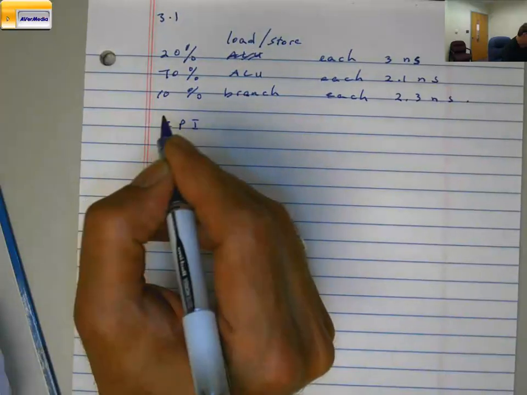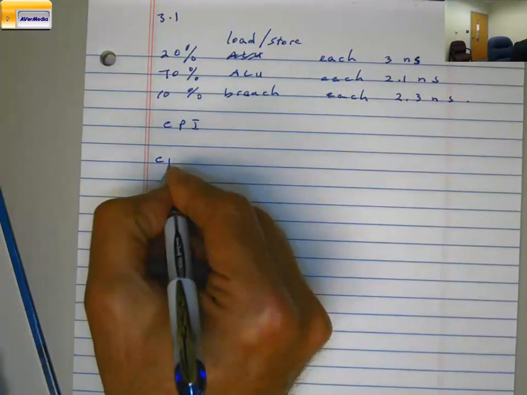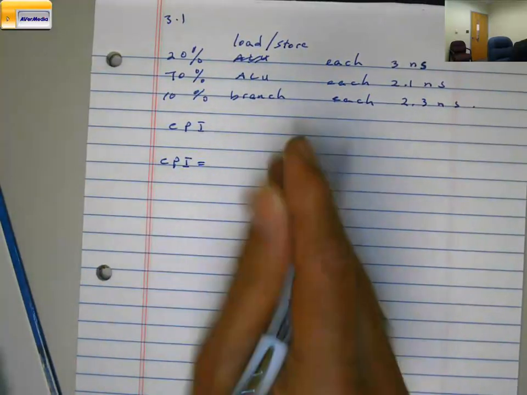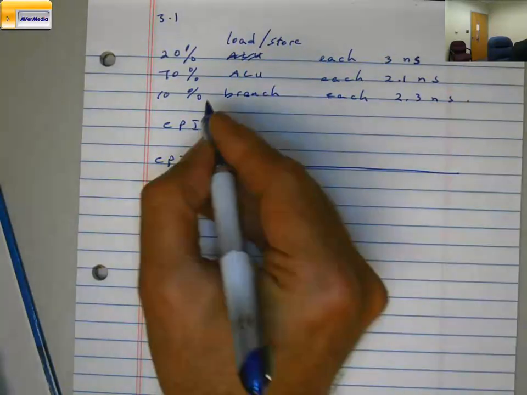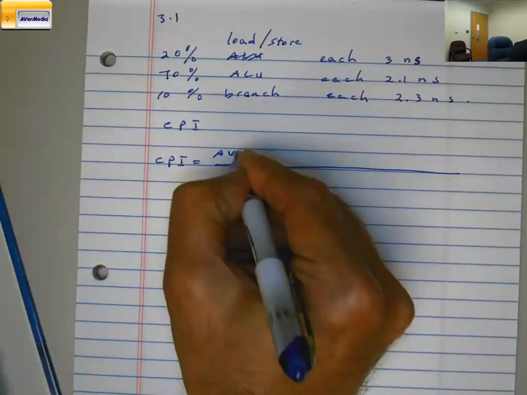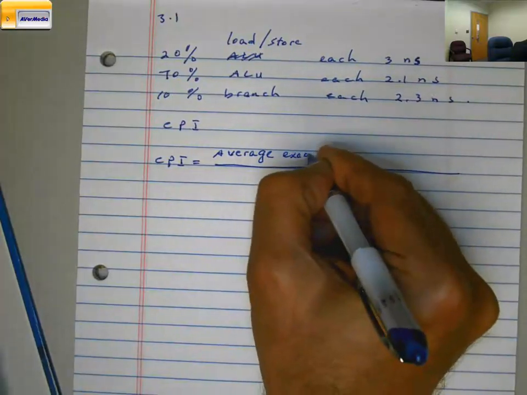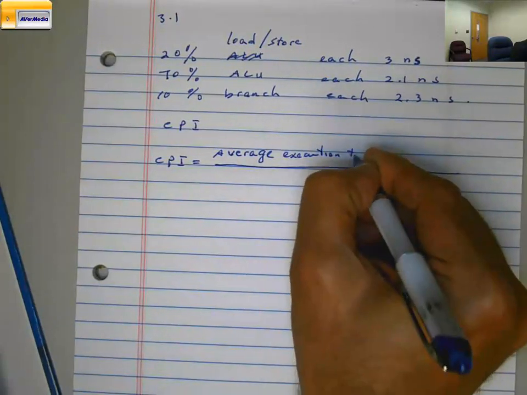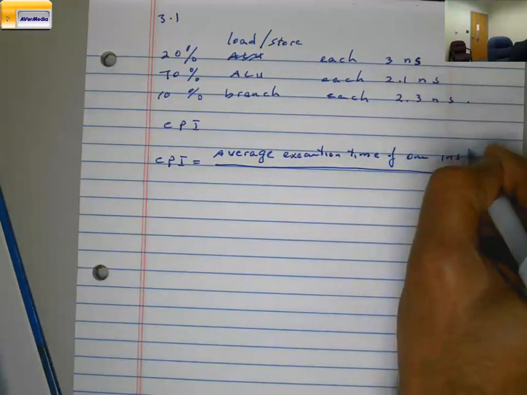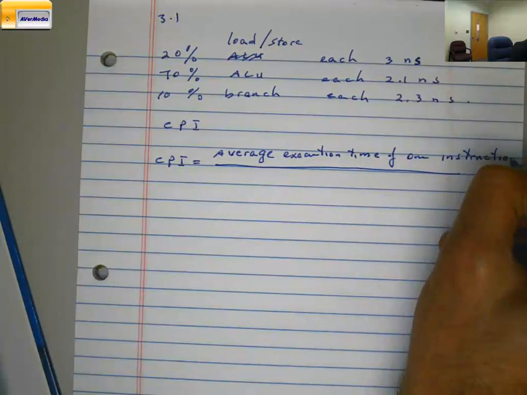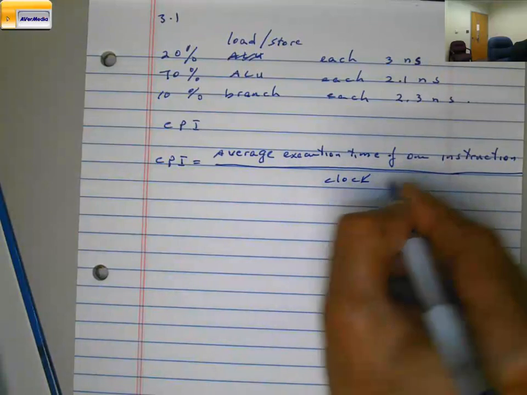How do we calculate CPI? It's very straightforward. CPI is equal to average execution time of one instruction divided by clock period.